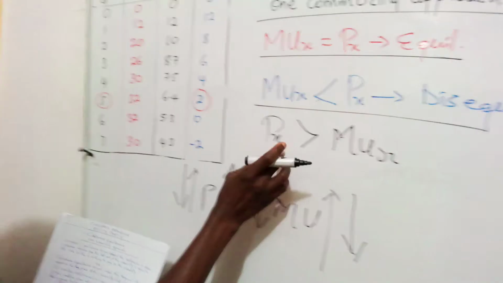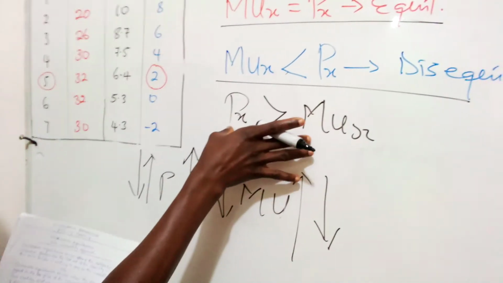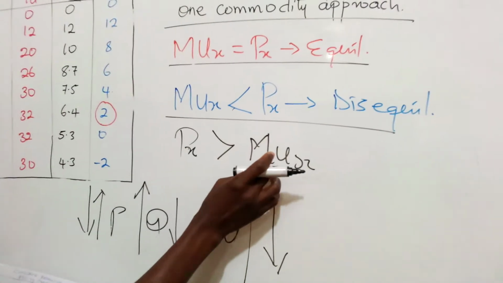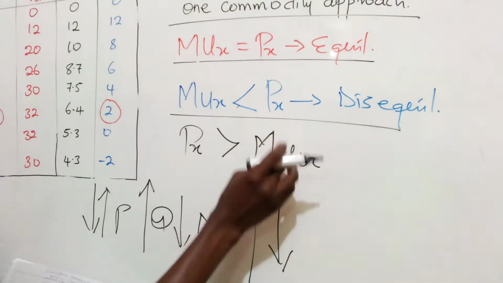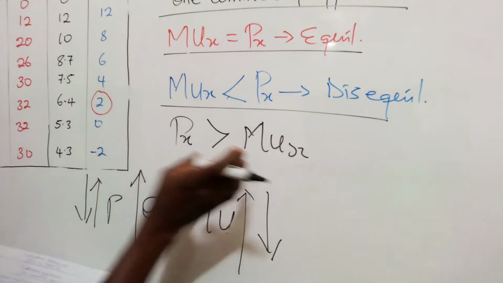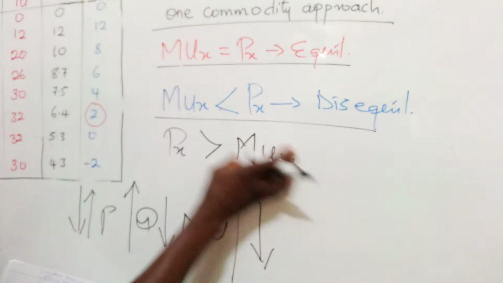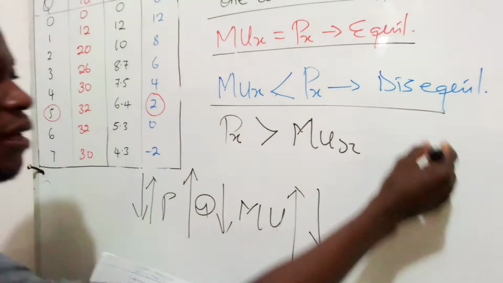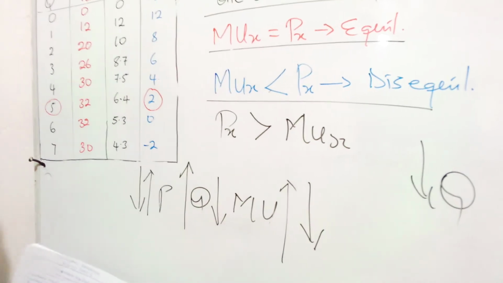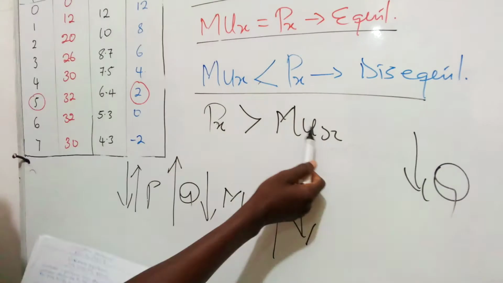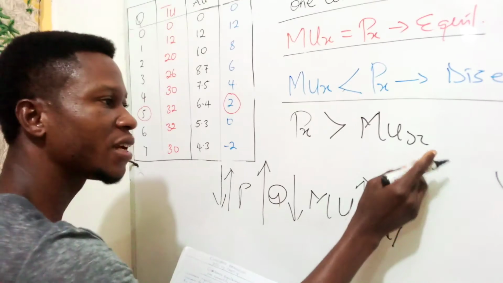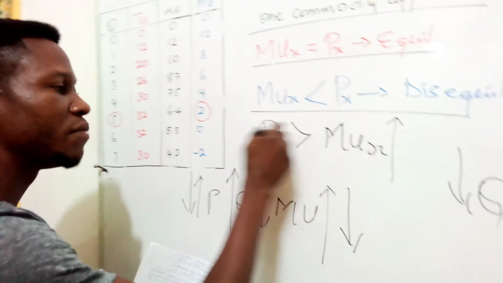So in order for the consumer to establish this equilibrium, the consumer must increase his or her marginal utility. How would he or she increase the marginal utility? That is by consuming less of what? The commodity. So in order to increase marginal utility, we have to decrease the quantity consumed.